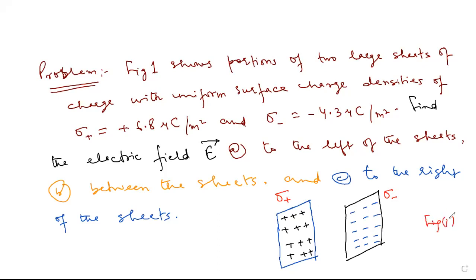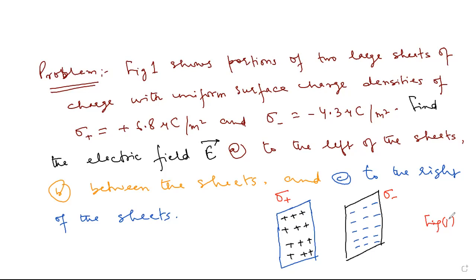So before going to the solution, let me check the problem. Figure 1 shows portions of two large sheets of charge with uniform surface charge densities of sigma plus equals plus 6.8 microcoulomb per meter square and sigma minus equal minus 4.3 microcoulomb per meter square.